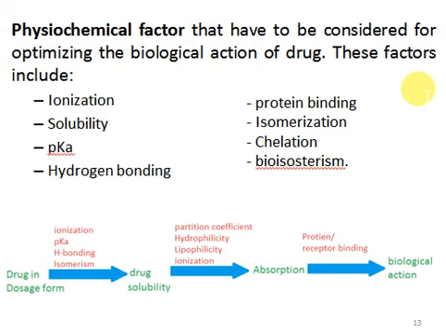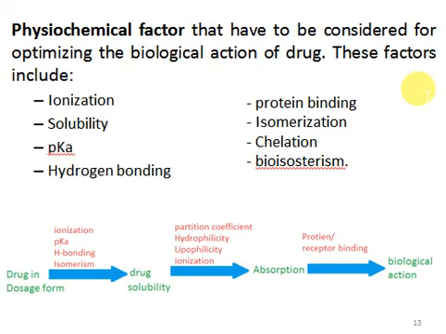If your drug is acidic in nature, then the drug will be absorbed only in acidic medium. And if your drug is basic in nature, for example, if your drug is an amine, then the drug will be able to be absorbed only in basic medium. The reason is that the acidic drugs remain unionized in acidic medium, while the basic drugs remain unionized in basic medium. Right? The drug must be unionized in order to be absorbed.